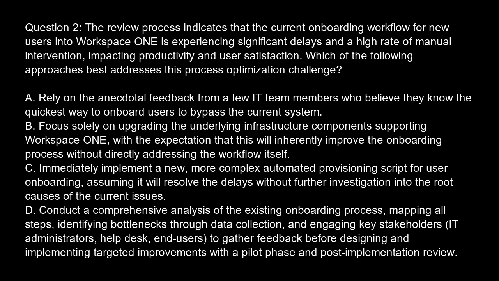Option D. Conduct a comprehensive analysis of the existing onboarding process, mapping all steps, identifying bottlenecks through data collection, and engaging key stakeholders (IT administrators, help desk, end users) to gather feedback before designing and implementing targeted improvements with a pilot phase and post-implementation review.